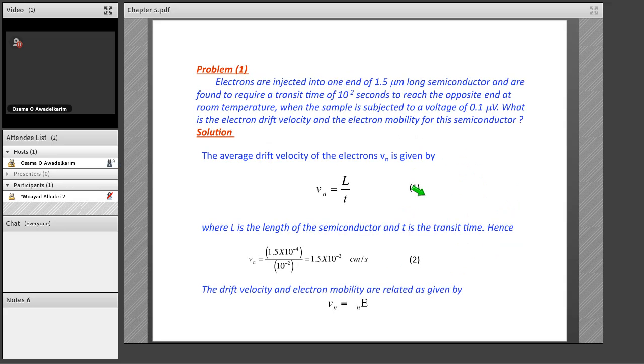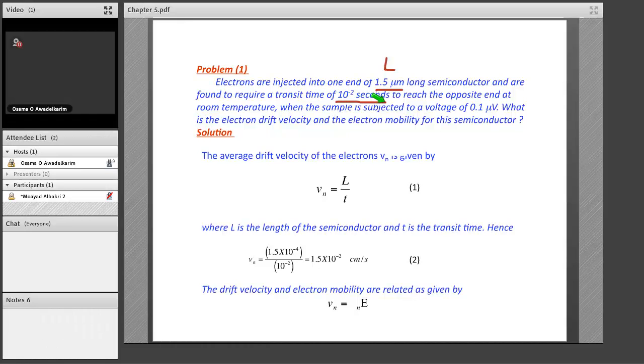This is a problem here which we will do, okay? And in this problem, electrons are injected into one end of a 1.5 micrometer long semiconductor. So the length L is 1.5 micrometer, and they are found to require a transit time of 10 minus 2 seconds.